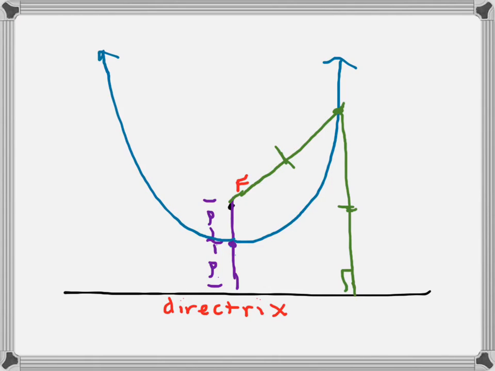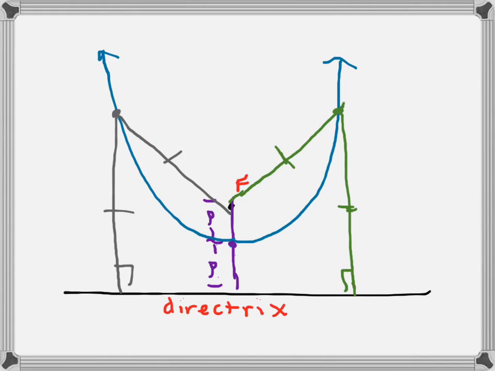It is the set of all points, which makes a smooth curve in this case, such that every single point on this parabola, again, I'll pick another point if you didn't believe me, like this point over here, the distance from the line, this distance, is the same as that distance.